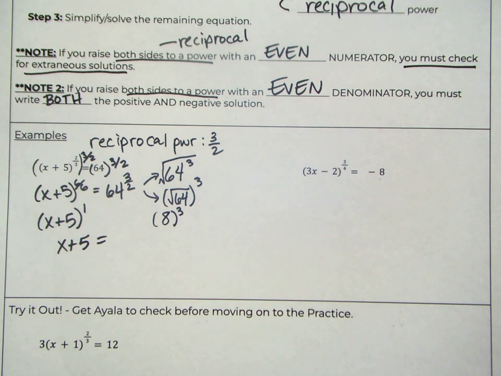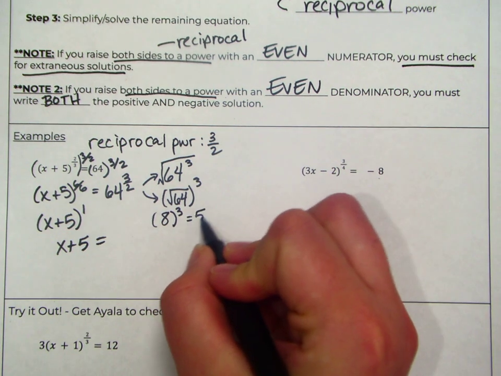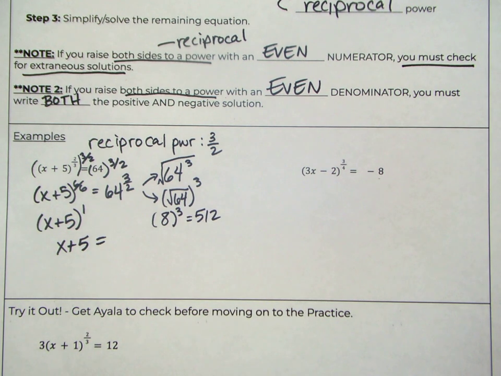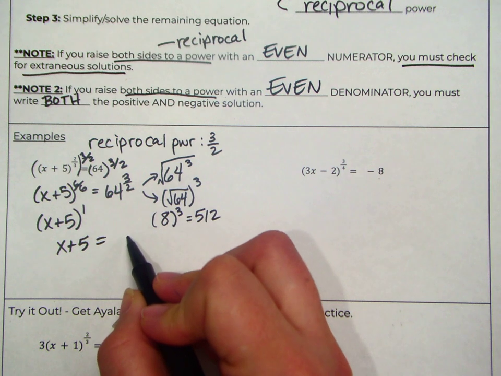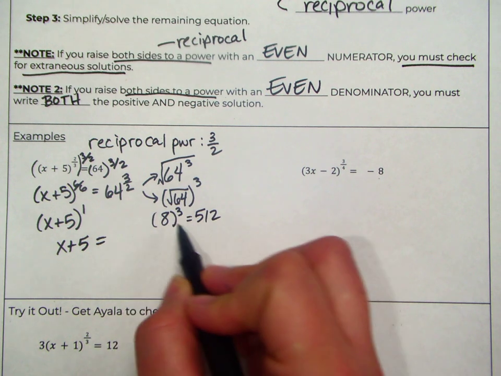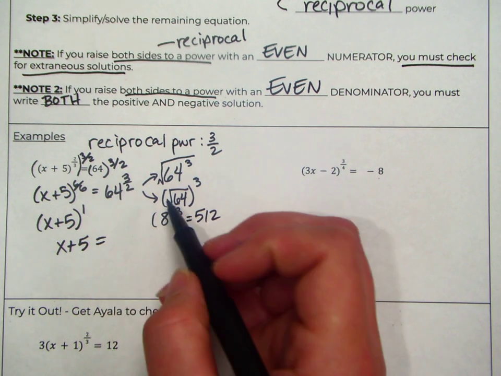But 8 cubed is 512. Okay? So really, this would be equal to 512 on the right side.